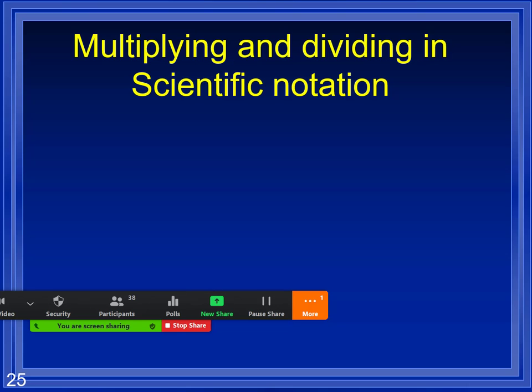If you've got a Casio, let's see where it is on the Casio. On a Casio, it's a little bit more difficult. What you need to do is find the one that says mode setup.